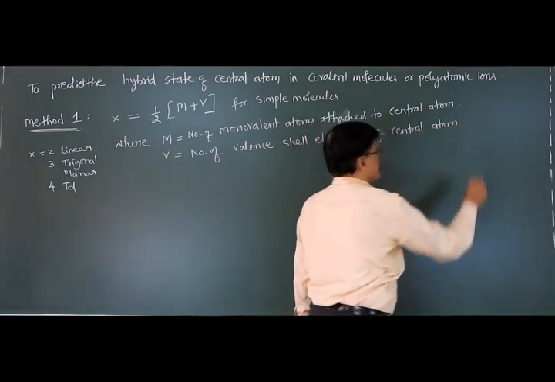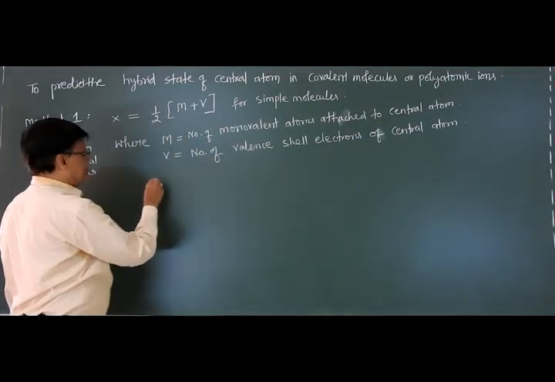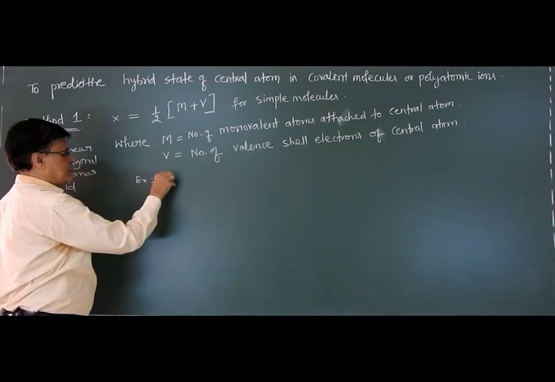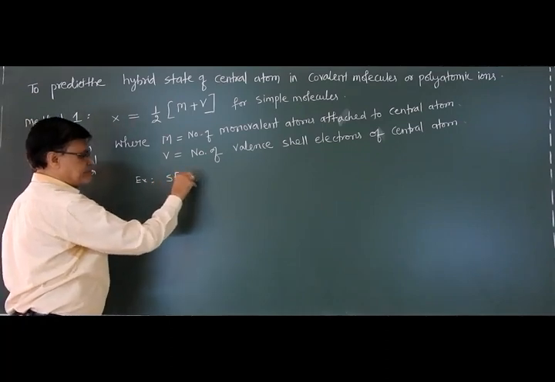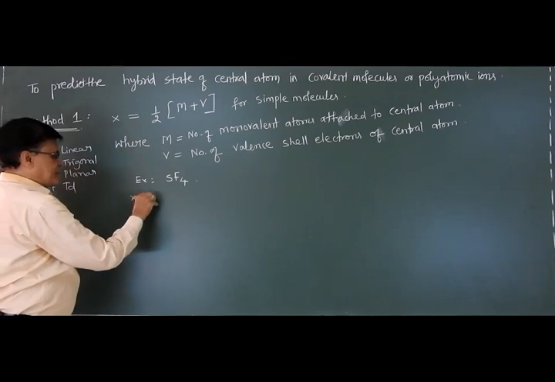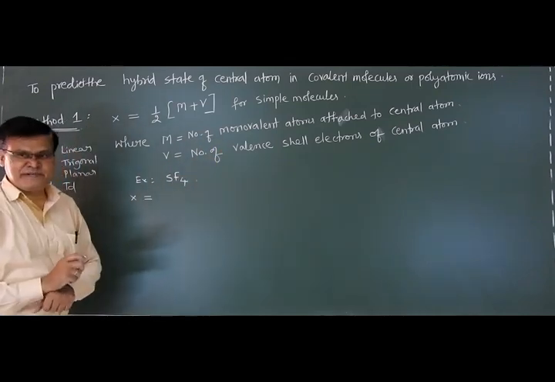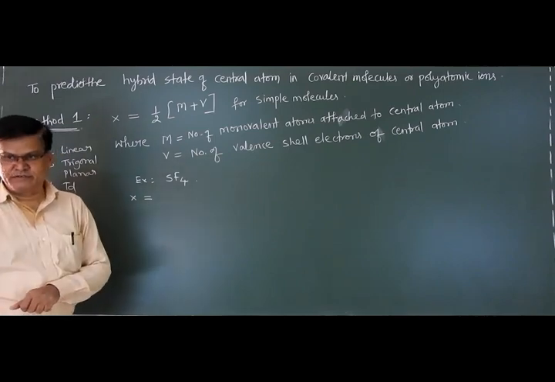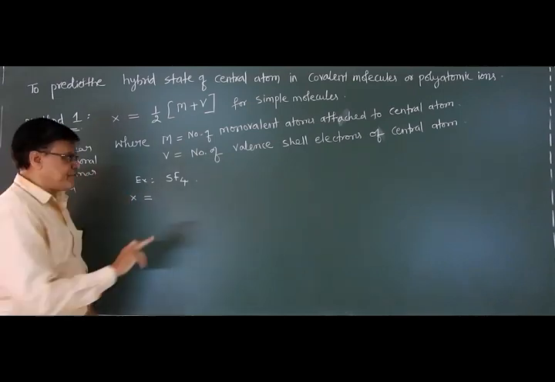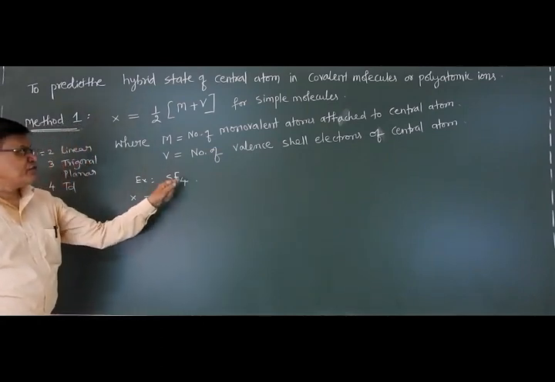Clear? I will take one simple molecule, SF4, as an example. According to this, you will calculate X equal to the number of monovalent atoms. Monovalent atoms means hydrogen and halogens, which can form only a single bond. That is the number of monovalent atoms attached to the central atom. How much here? 4.